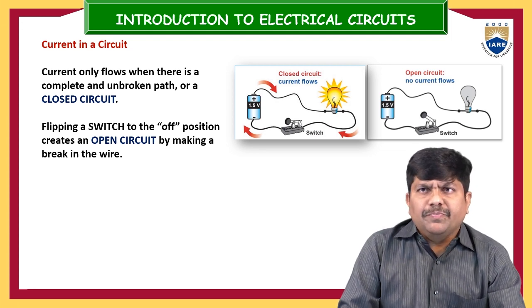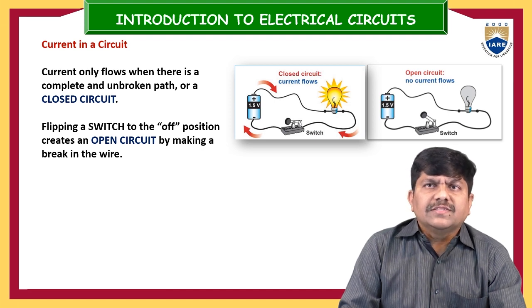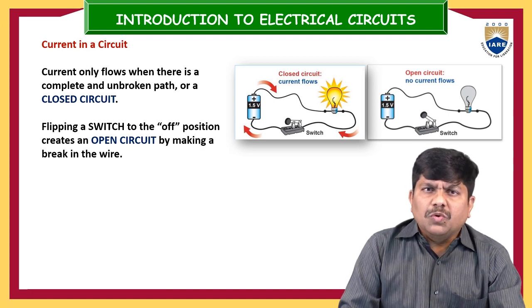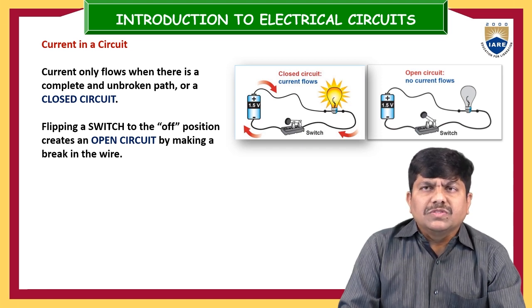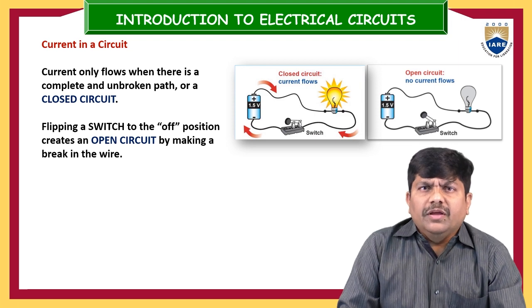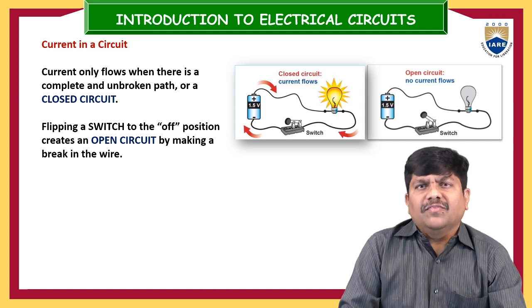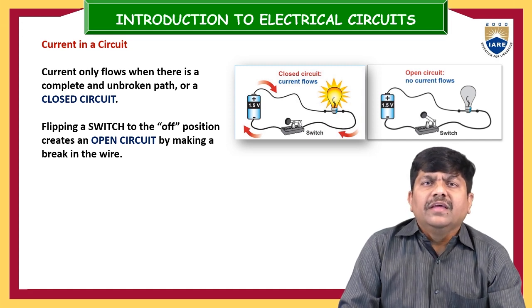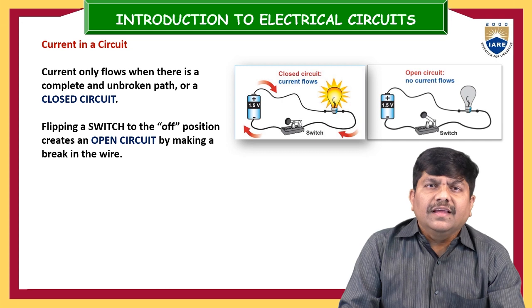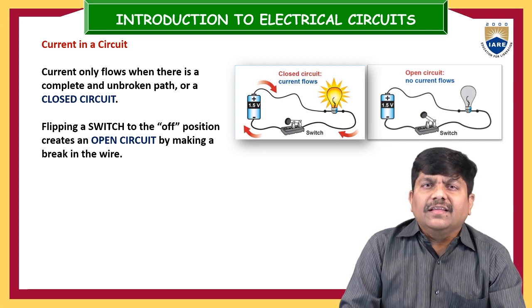If the circuit is broken, it is called an open circuit. If the circuit is closed, meaning it is complete, then it is a closed circuit. Here, current is the flow of free charge particles. This flow of charge particles only exists in the circuit if the circuit is completely closed in nature. If the circuit is open, then the flow of electrons will not be there. If there is no flow of electrons, then there is no question of any current in the circuit.